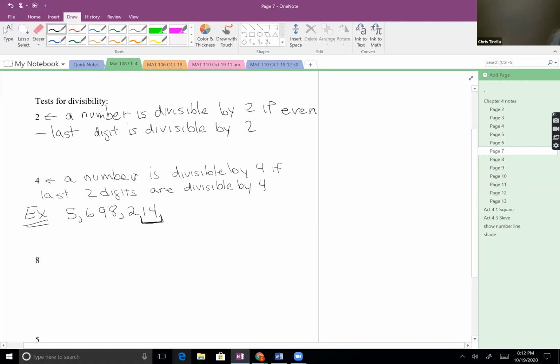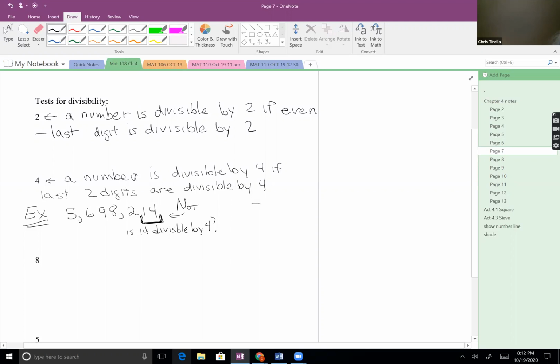I'm going to look at the last 2 digits, 14. Is 14 divisible by 4? Does 4 go into 14 evenly? No. So this number is not divisible by 4.